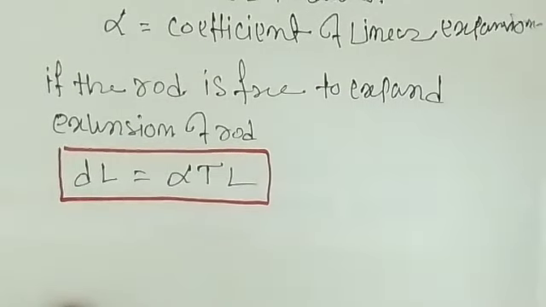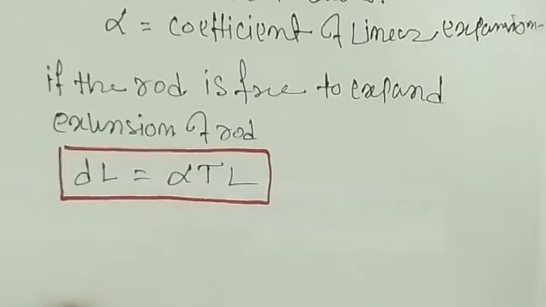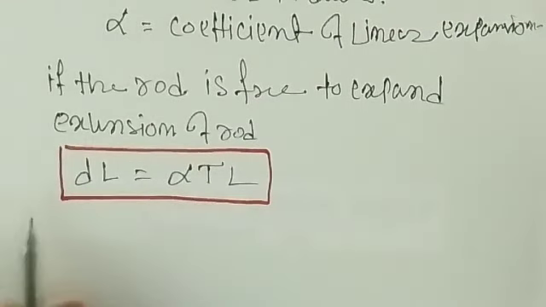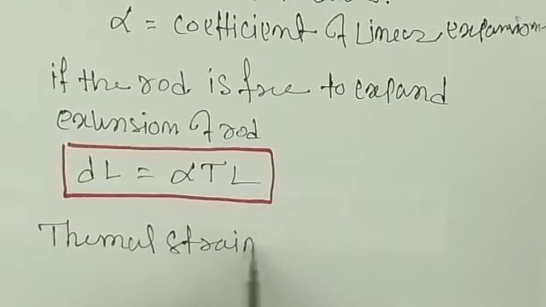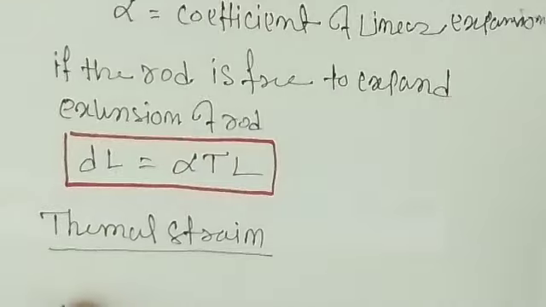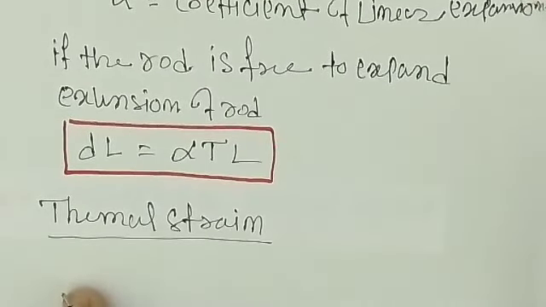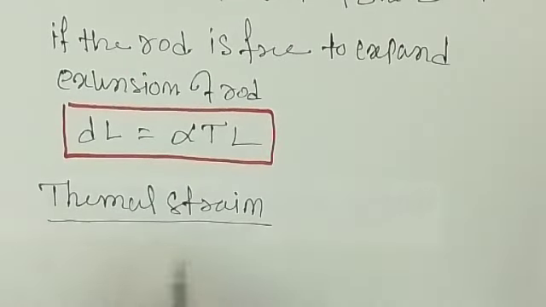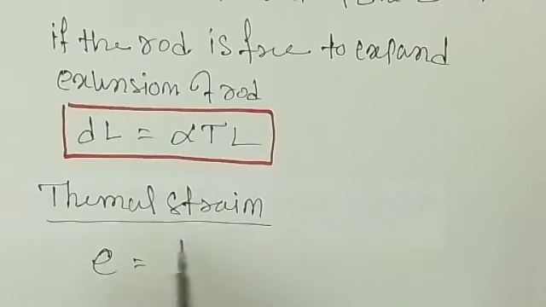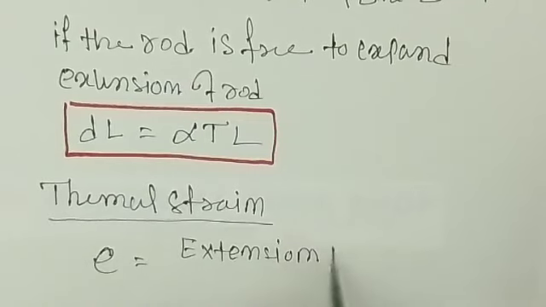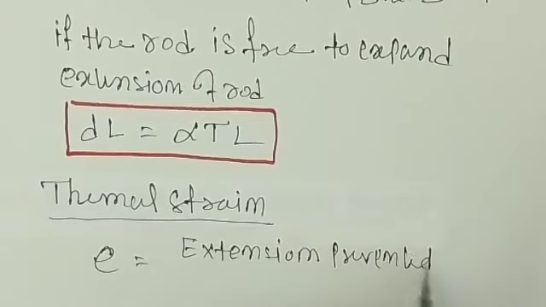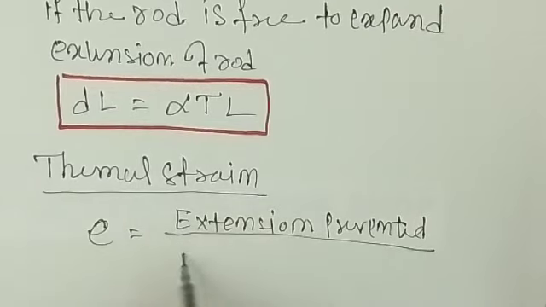Now you can find the thermal strain. Strain is the extension, or the change in length, divided by the original length. For thermal strain, we consider that the expansion is prevented at one end. So thermal strain, epsilon, is equal to the extension prevented divided by the original length.